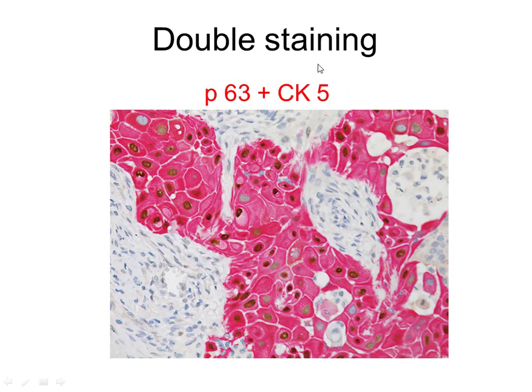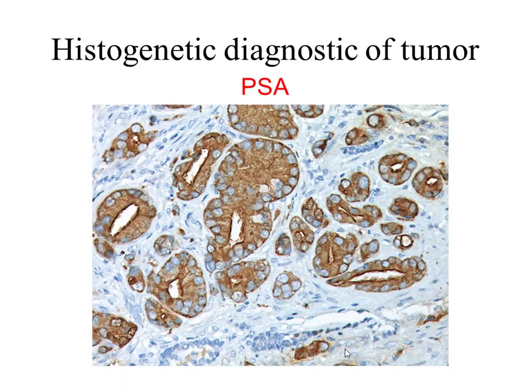And cytokeratin 5 normally has a reaction in the cytoplasm, and we have here a pinkish color reaction in the cytoplasm. It's not very commonly used. It's a rare, more scientific method.